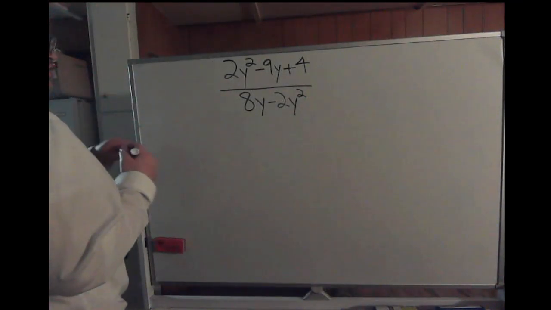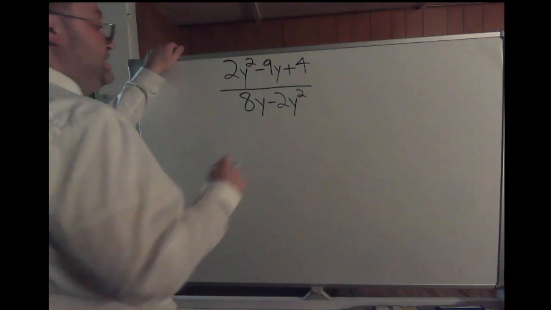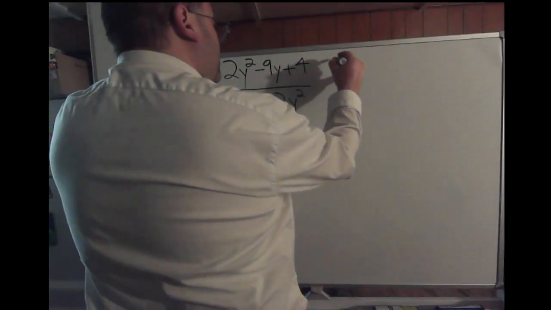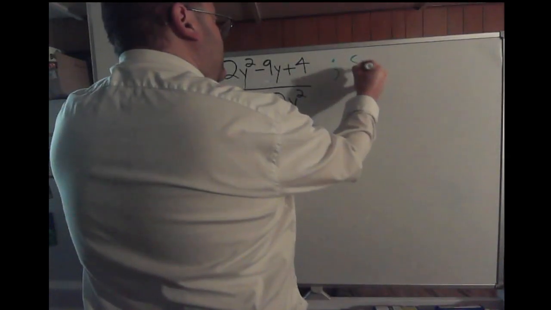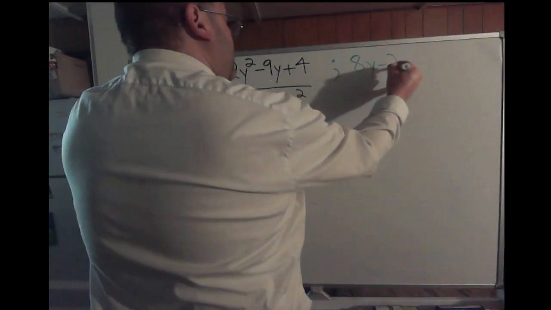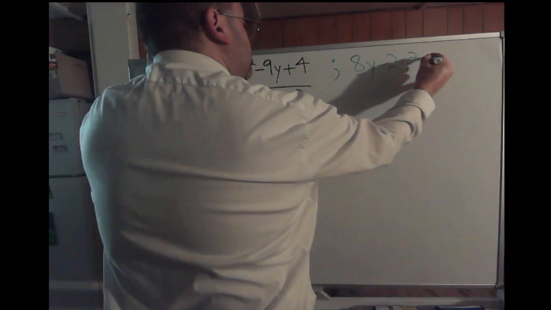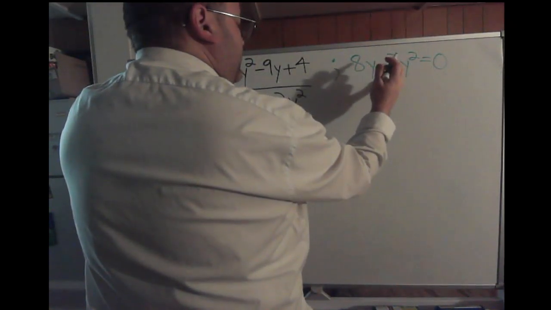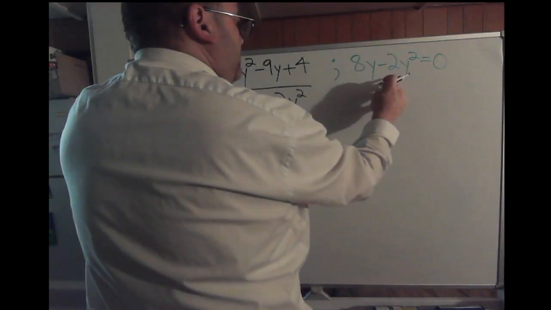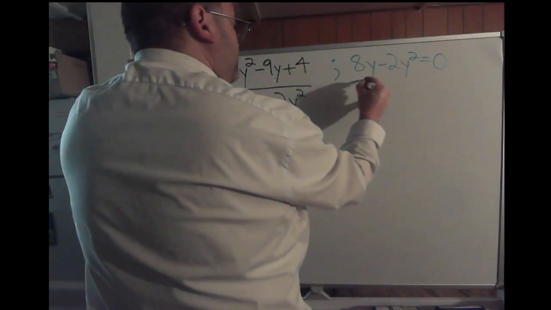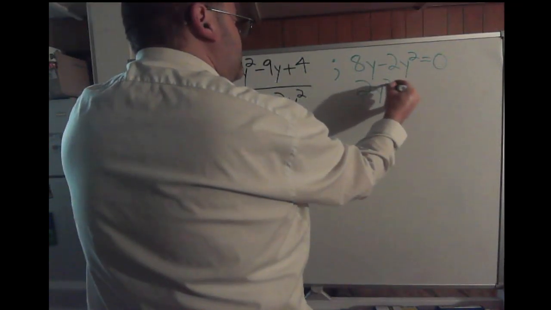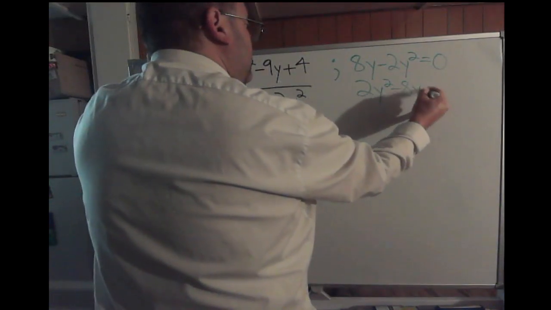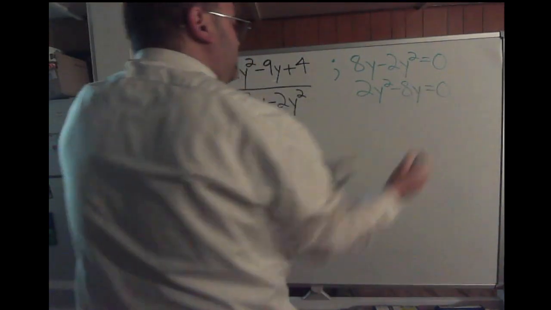Well, what we have to do here, take your denominator of that, 8y minus 2y squared, set that equal to 0. We can take out a negative 1, divide both sides by negative 1, you would end up getting 2y squared minus 8y, set that equal to 0.